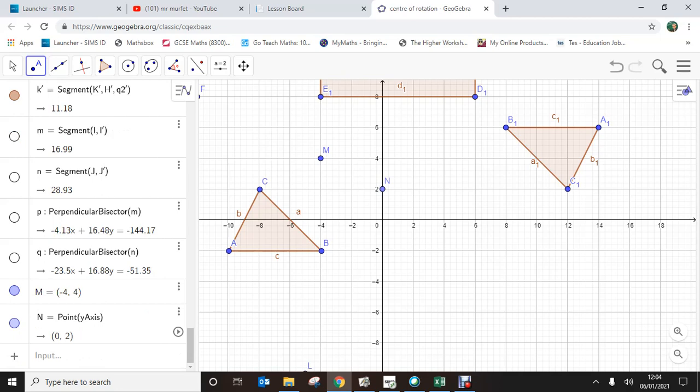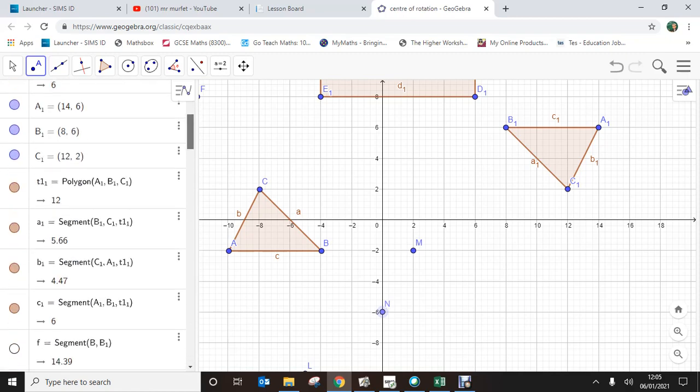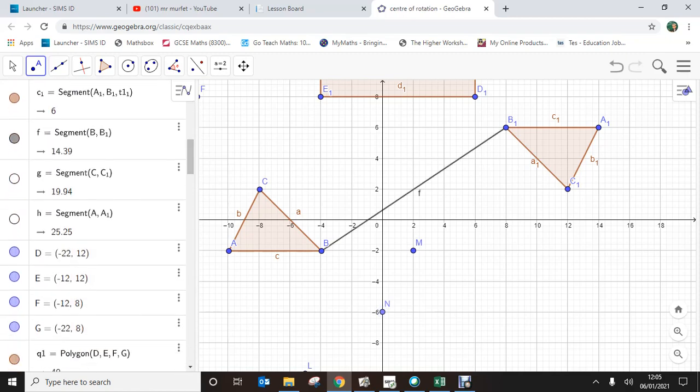Okay, so we can see this isn't a 90 degree rotation, so let's go another 90 degrees. This is going to rotate 90 degrees down to here, and you can see this is the shape that I've got. So straight away, just from doing that, I can see that that's a 180 degree rotation. And if it is a 180 degree rotation, you are able to link up each of the points, B with B dash, C with C dash, and A with A dash.